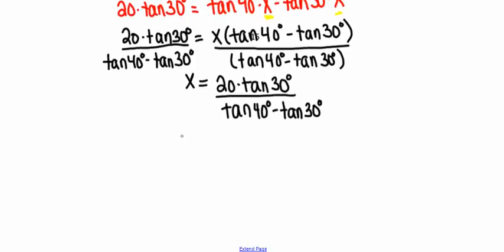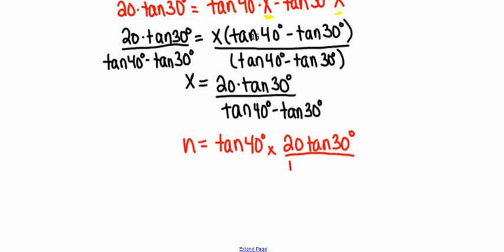So my h then, we said was equal to the tangent of 40 degrees times x. And x is this whole complicated fraction, 20 times the tangent of 30 degrees for the numerator, and tangent of 40 degrees, subtract tangent of 30 degrees for the denominator.